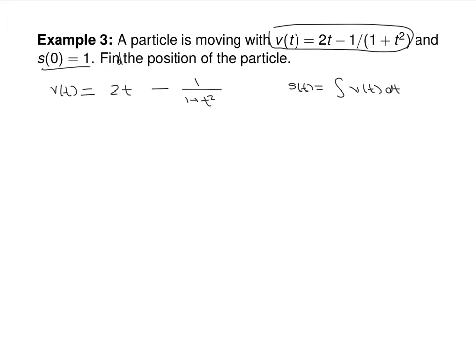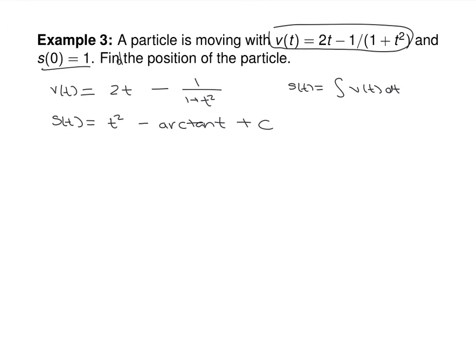So what's the antiderivative of 2t? Your t squared. What's the antiderivative of 1 over 1 plus t squared? Arc tangent t, yep. Plus your constant c. And unlike the previous one, you only have to go back one time this time, right?